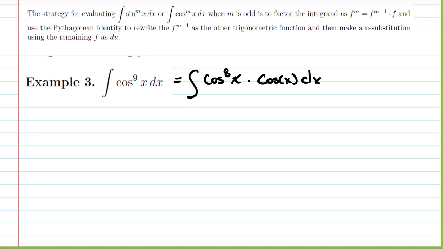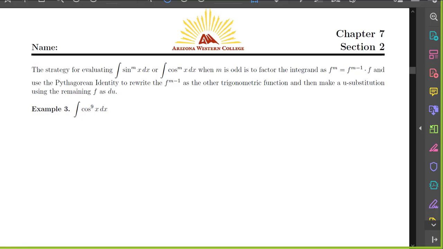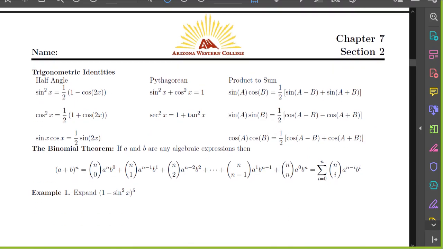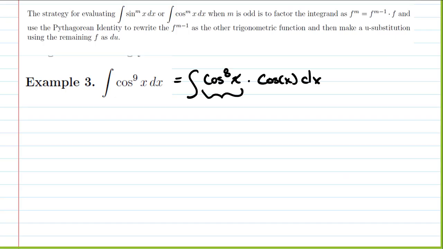We are then going to focus on this piece right here, and we need to rewrite it as sines using the Pythagorean identity. The Pythagorean identity that we're going to be using in this case is sine squared plus cosine squared is equal to 1.